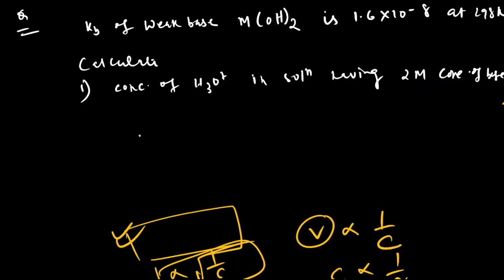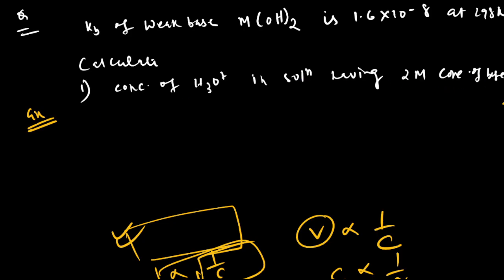Similarly, another example. For this example, Kb is given, the Kb for this weak base, at 298 Kelvin. Calculate the concentration of H3O plus in a solution having 2 molar concentration.